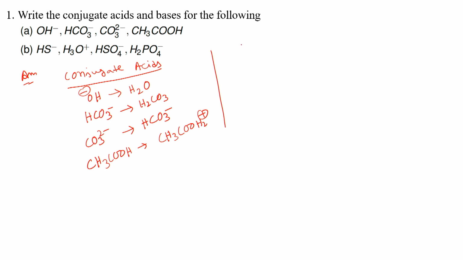And next we discuss conjugate bases. For HS minus, the conjugate base is S2 minus. H3O plus, the conjugate base is H2O.